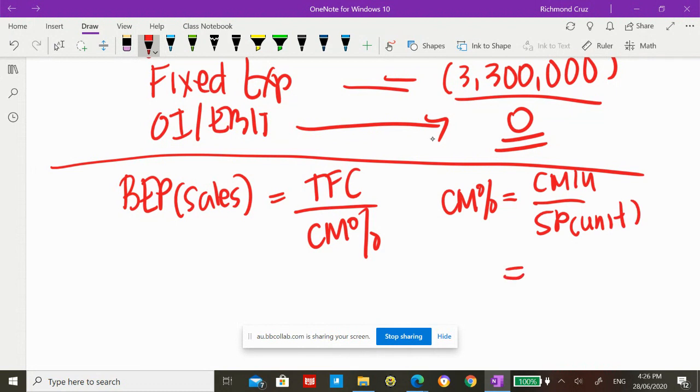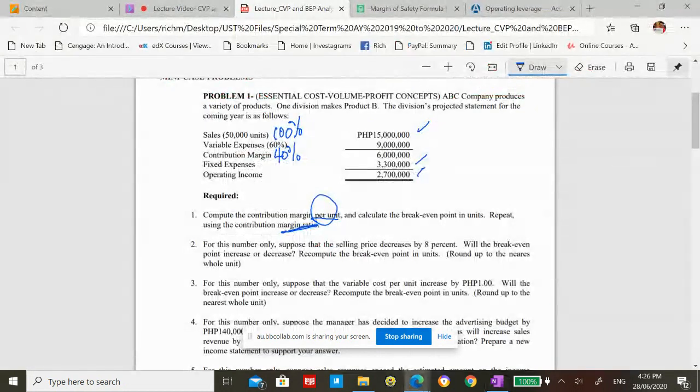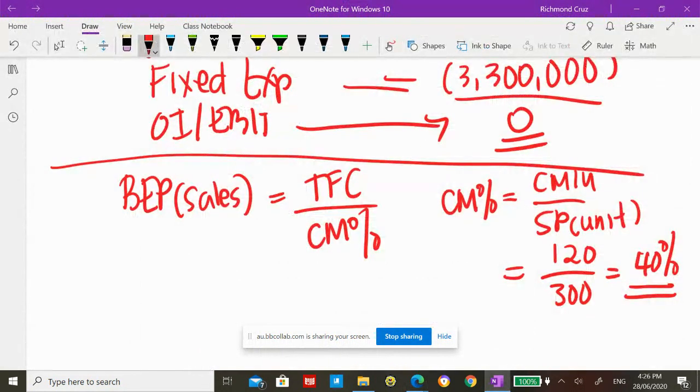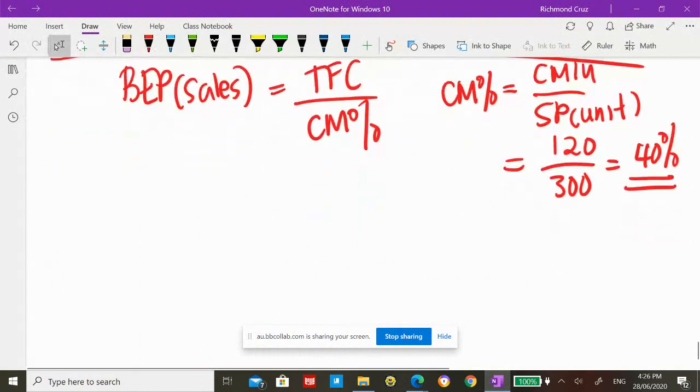So this will be 120 divided by 300, o yan din yung 40%. You can also compute by dividing this 6 million dito sa 15 million. Makakompute mo yung 40%. Then we are now ready to compute for the break-even point in sales.